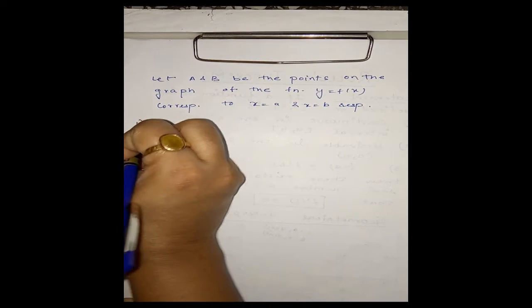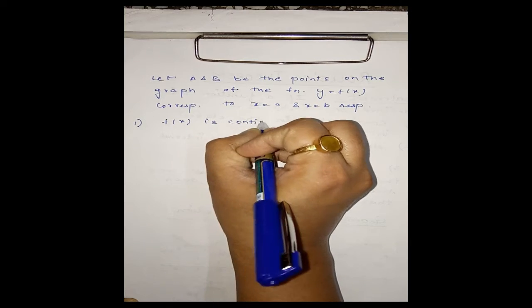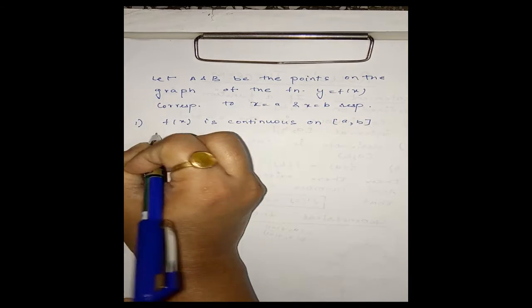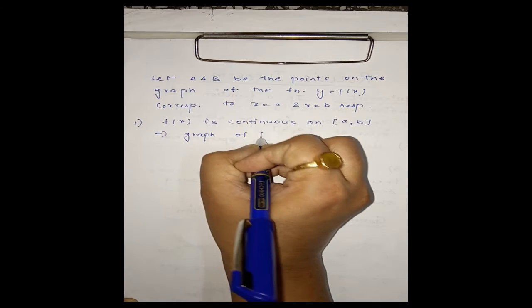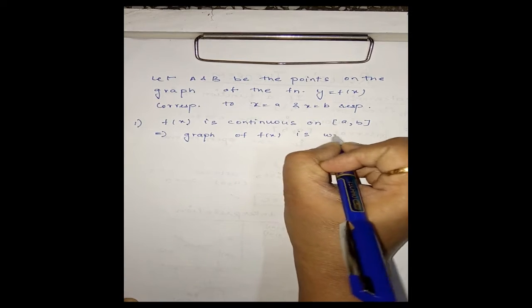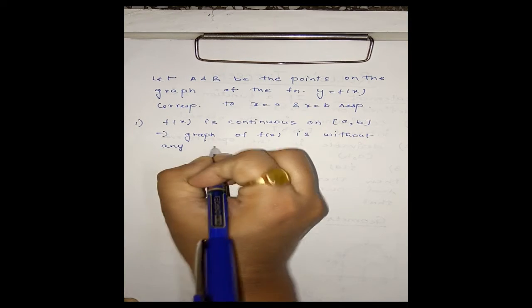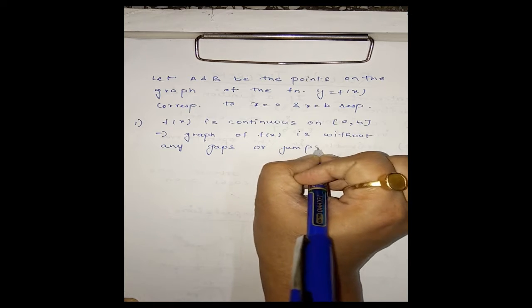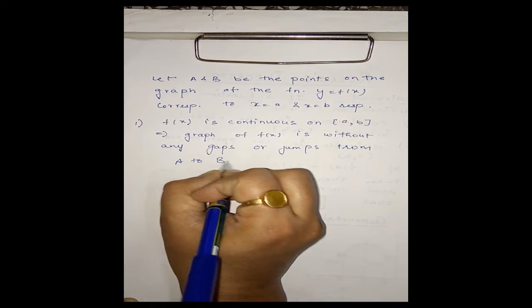We have taken two points A and B. Now, first, f(x) is continuous on the closed interval [a, b], which means the graph of f(x) is without any gap or jumps from a to b. This is the first condition of Rolle's theorem.